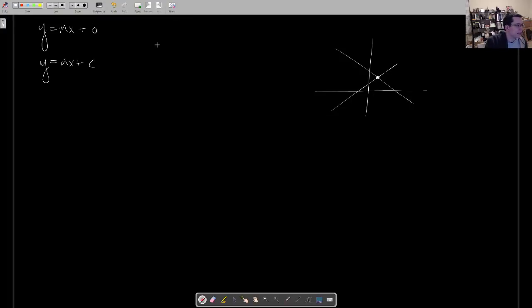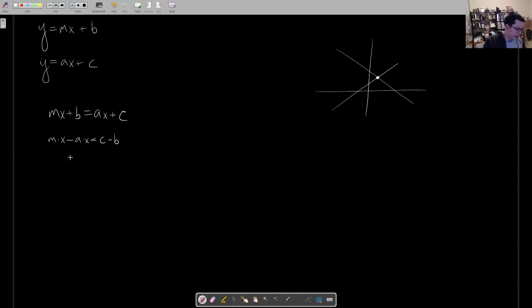So if we want to find the intersection, normally what we're going to do is we're going to say mx plus b equals ax plus c. Then we'll combine like terms. So we have m times x minus a times x equals c minus b.